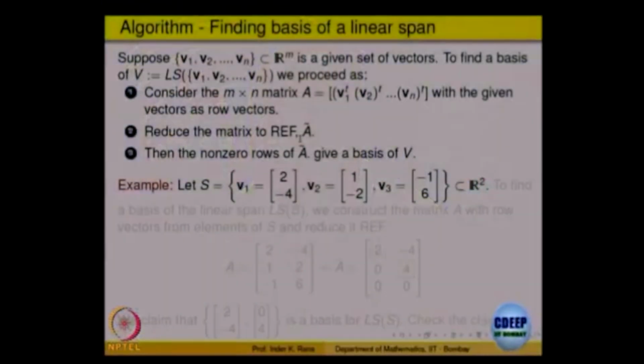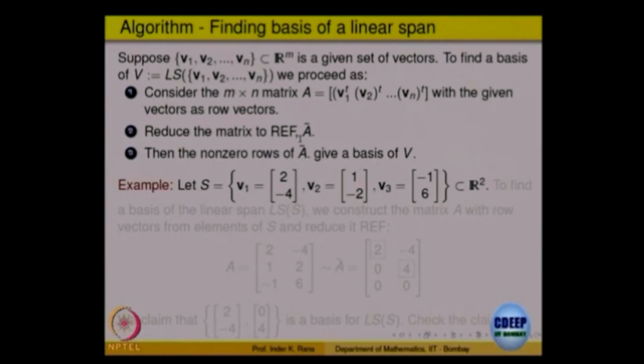So let us look at this example. I have got 3 vectors v1, v2 and v3 in R2. There are 3 vectors in R2, so obviously they are a linearly dependent set.